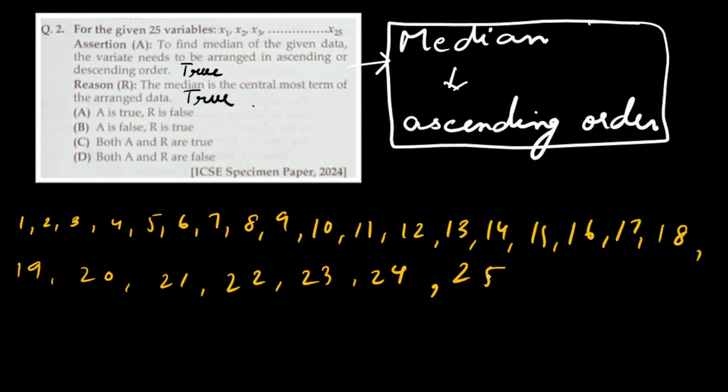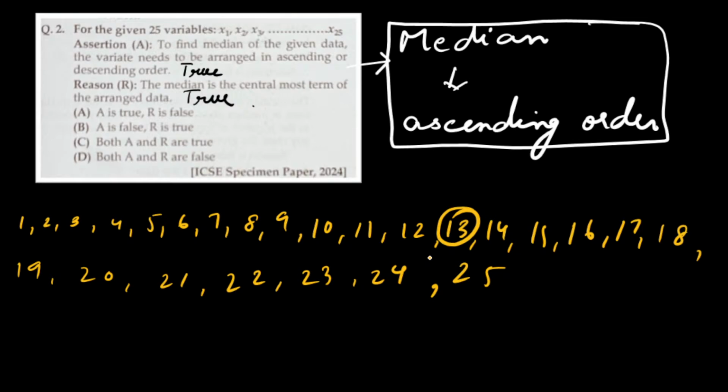Median is the central most. Which one is the central most? Both are true. Only Sivu Shankar and Jayashree have given the answer. The 13th one is the central most.